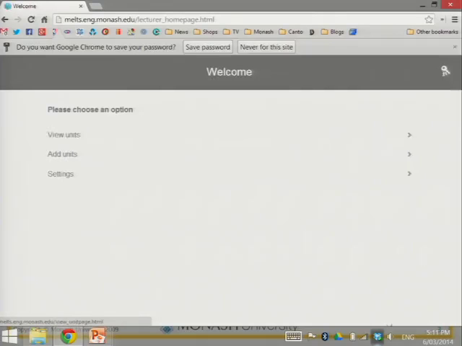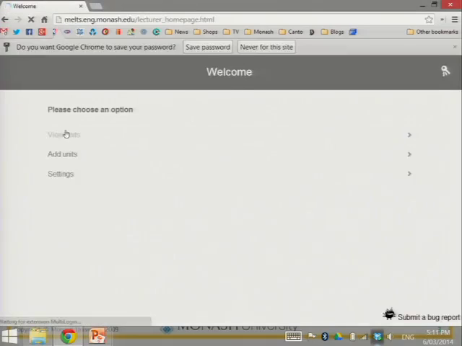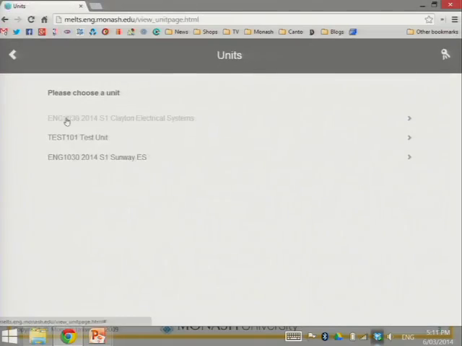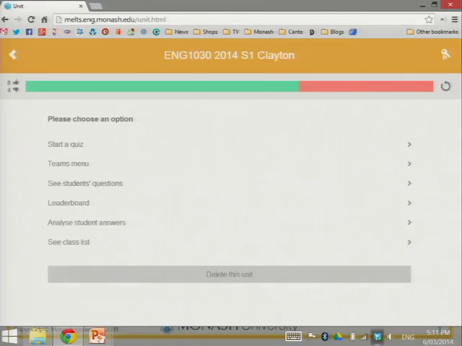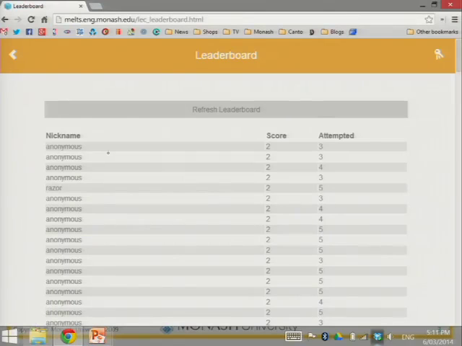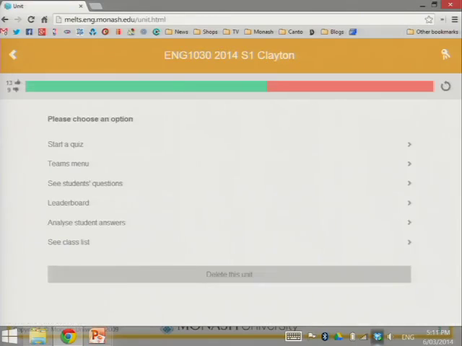My password is not 1234. Oh, what is this? All right, view units, ENG1030. Also, I don't know if any of you have checked it out, but there is a leaderboard in here. If you haven't looked into the leaderboard, you wouldn't have seen that you can change your nickname. Currently, everyone's anonymous. But people can come up with some interesting nicknames. We can have a laugh through the semester, see how everyone's going.